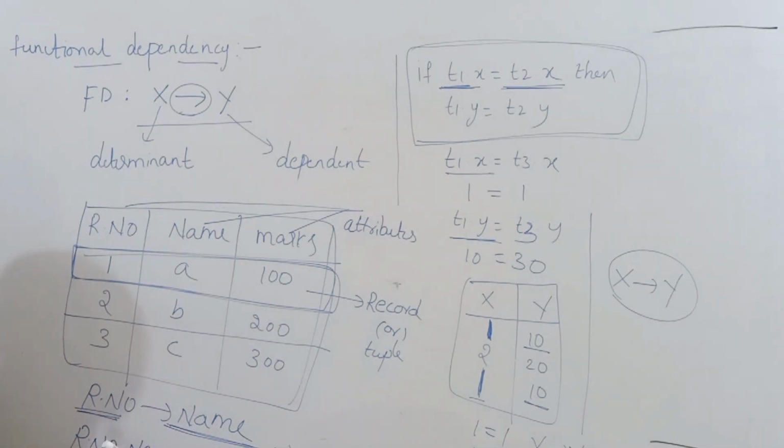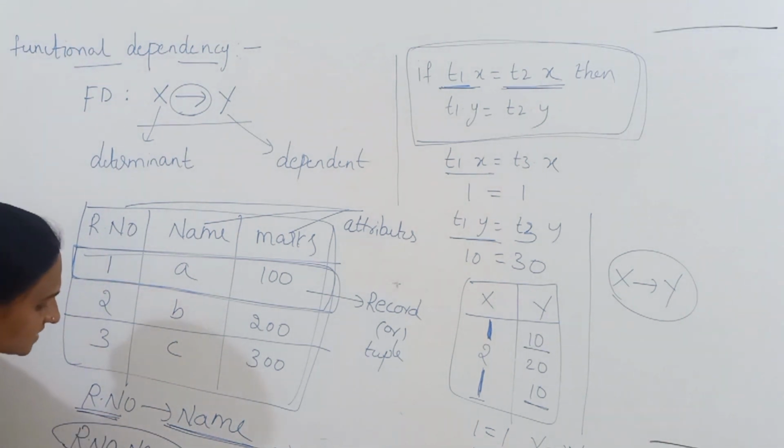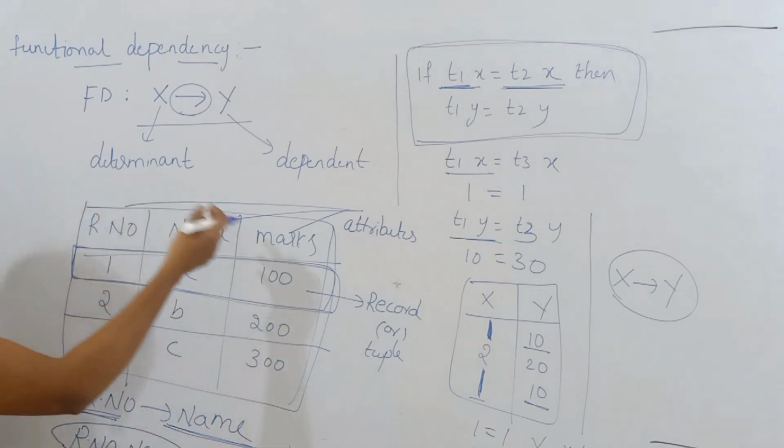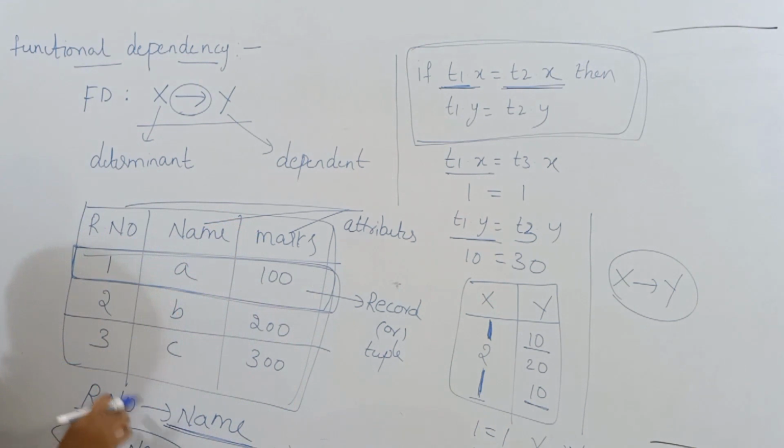We will check. Roll number, comma, name: x determines y. Here x is roll number, comma, name. In the previous example, I took only single attributes. But in this example, x is the set of attributes, roll number, name.